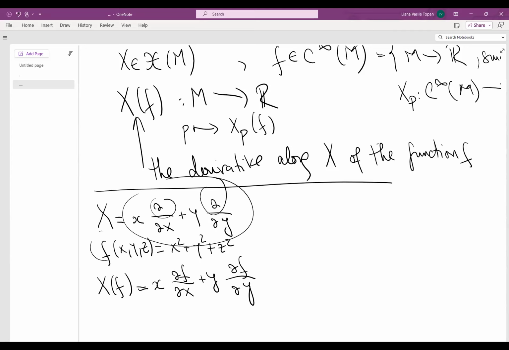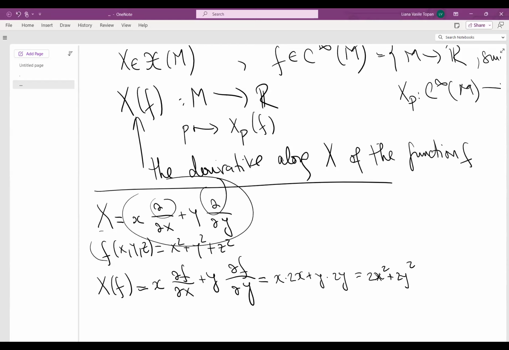So you would simply calculate partial derivatives of f with respect to x and y. So this is x times 2x, plus y times 2y. So this is 2x squared plus 2y squared, right? So I think that's clear how we compute the derivative of a function along a vector field.